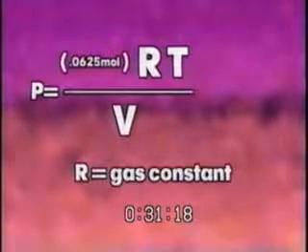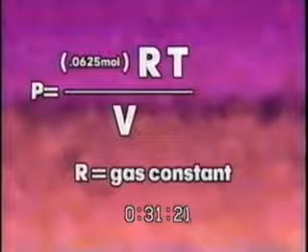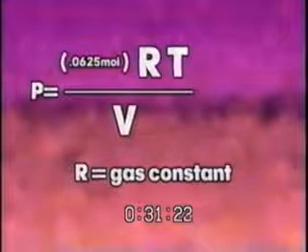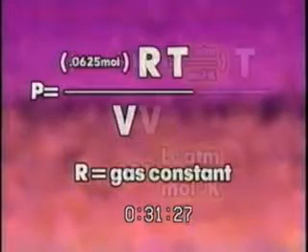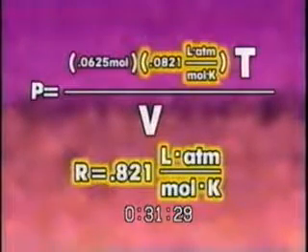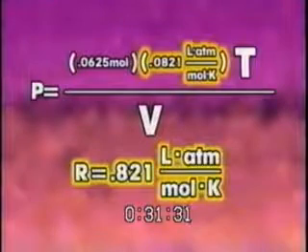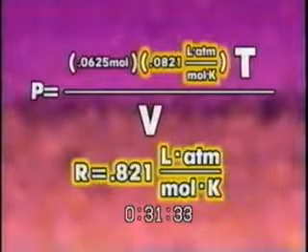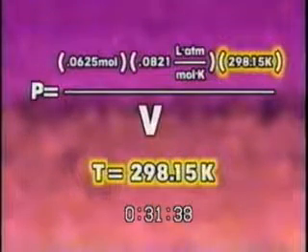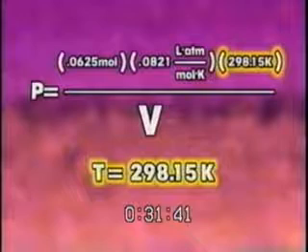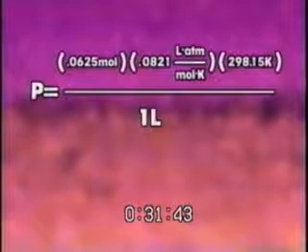Now you need to choose one of the two gas constants. Since we want pressure, and since the total flask is measured in liters, use the one in atmospheres and liters. That's 0.0821 liters times atmospheres per moles times Kelvin. Those two quantities are multiplied by the temperature, which we determined was 298.15 kelvins. And all that is divided by the volume, 1 liter.